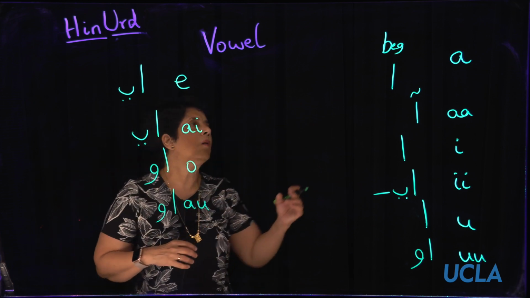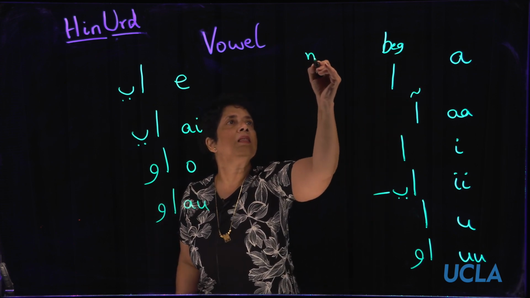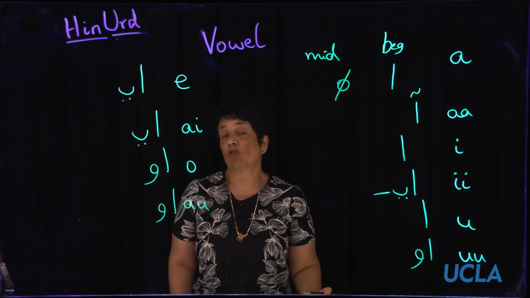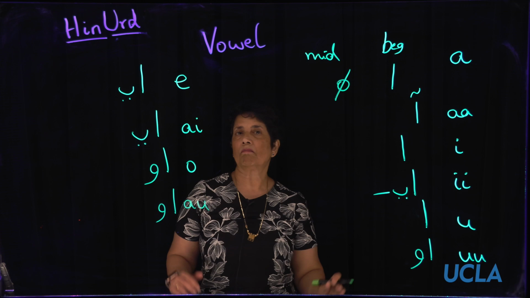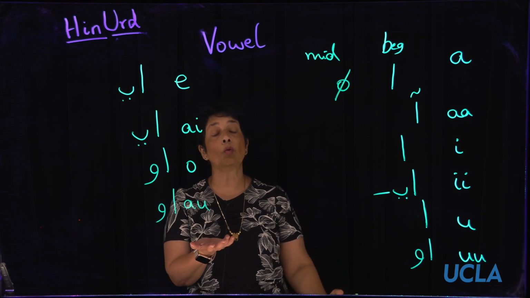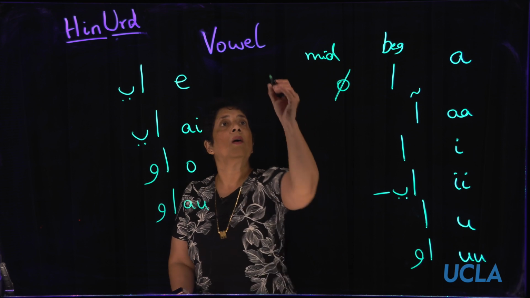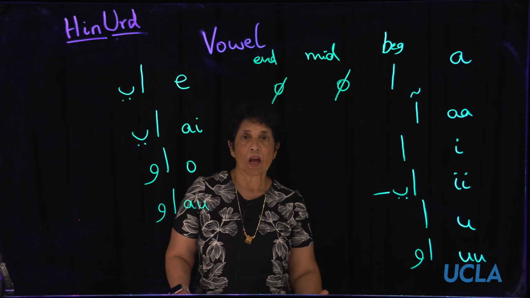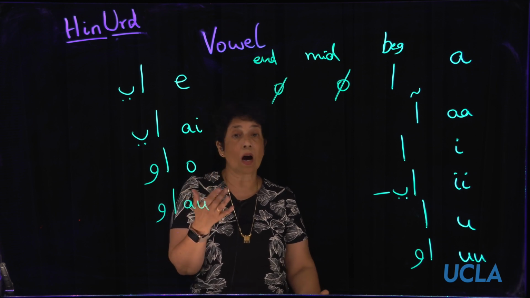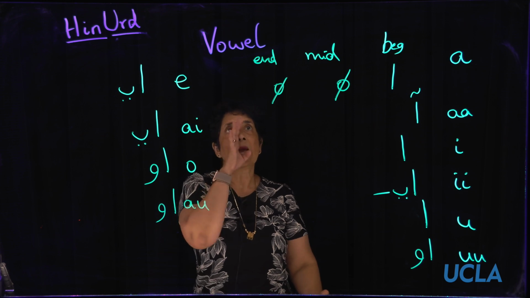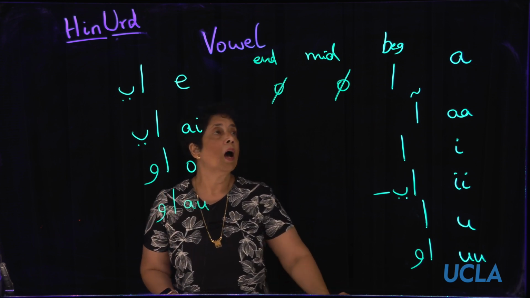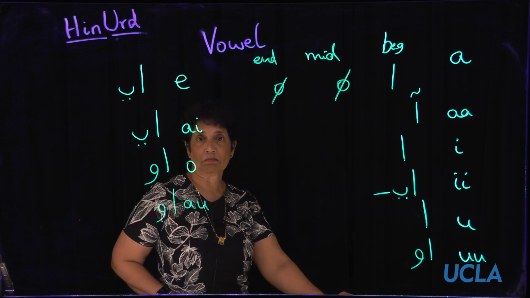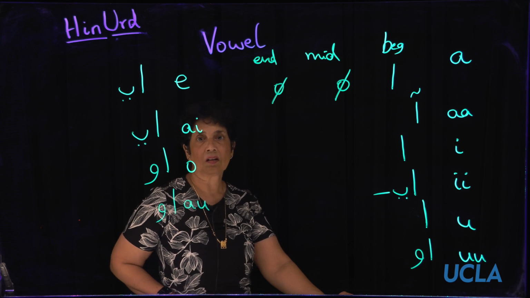Now, if you have a in the middle, you just don't put it in. It's not written in. It is assumed that the a is there. What about at the end? Again, nothing. So if you have a word like dud or something, you just stop at the consonant and nothing is at the end. What about words like Teresa? You know, a name like Teresa or sofa.